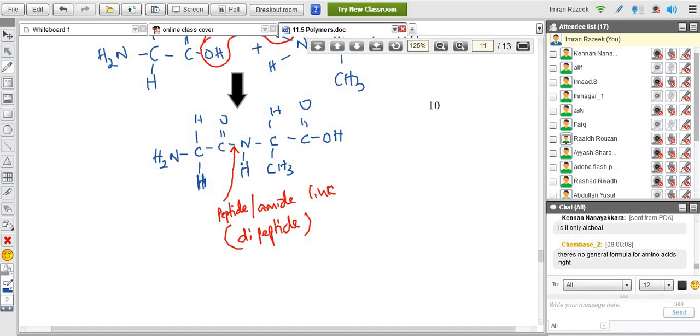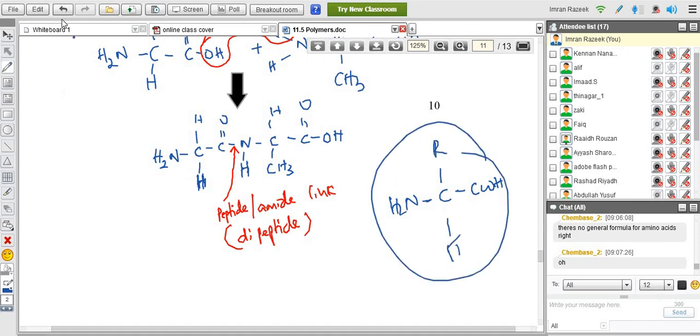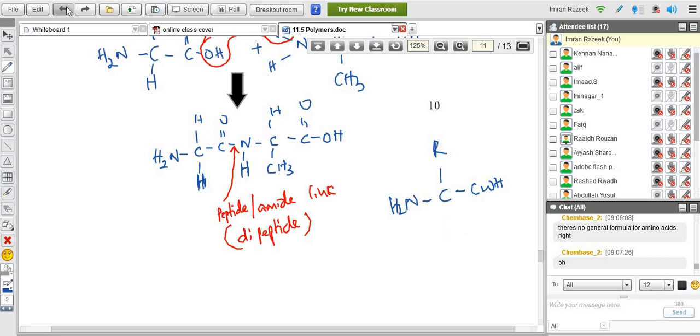Otherwise you cannot. Generally you can't derive a general formula, but you can derive a general structure. You can say amino acids contain this general structure: NH2 attached to carbon, H, carboxylic group, and R group. This is a general structure of amino acids, not the general formula. Clear?